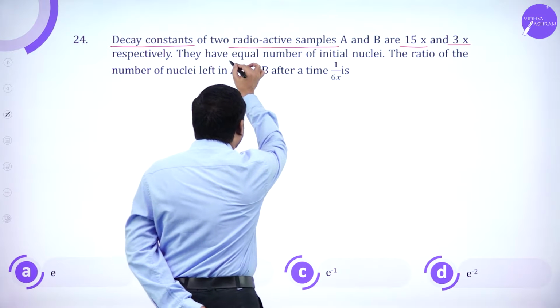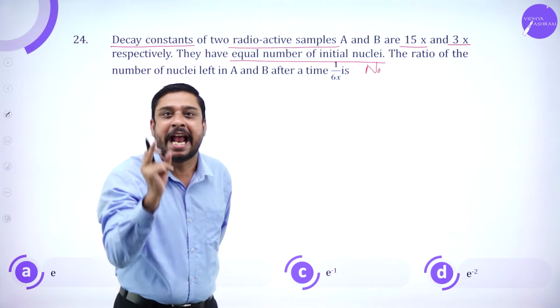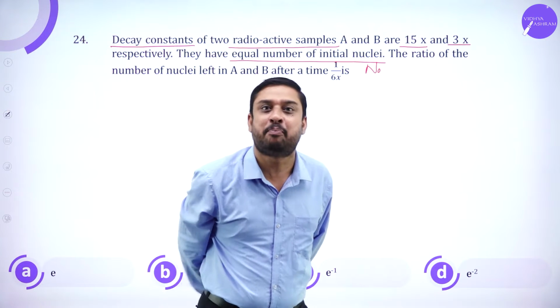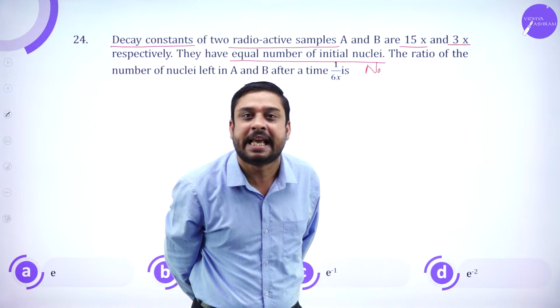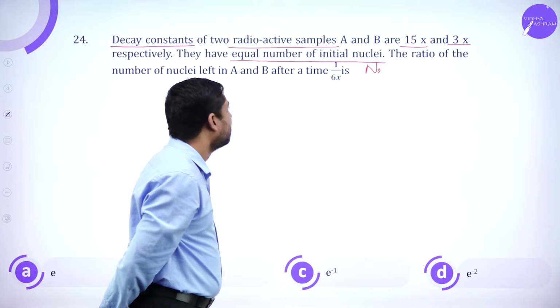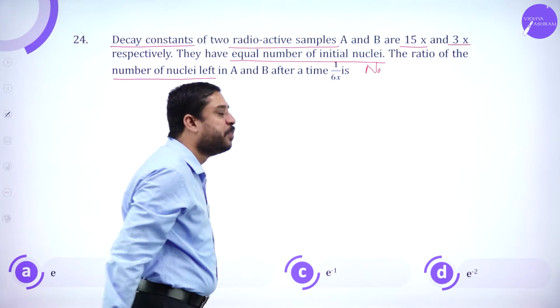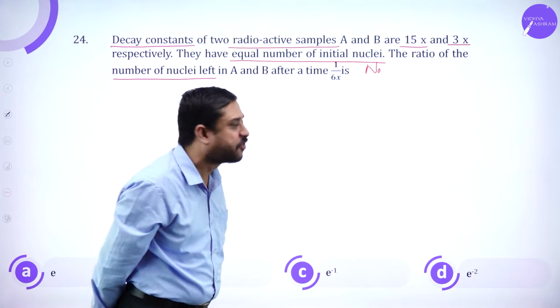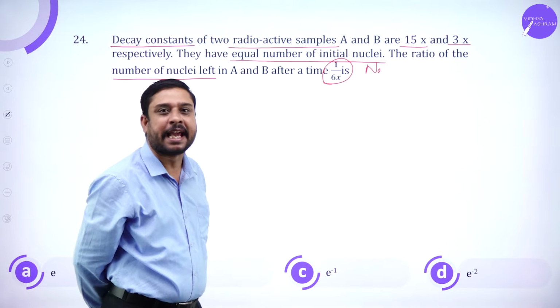They have equal number of initial nuclei, N0 for both the samples is the same. What is the ratio of the number of nuclei left in the sample after a time 1 by 6x?